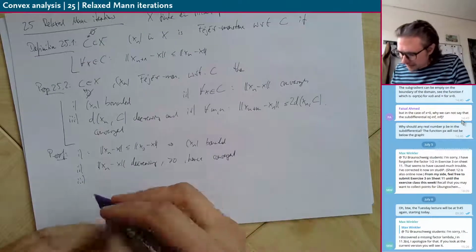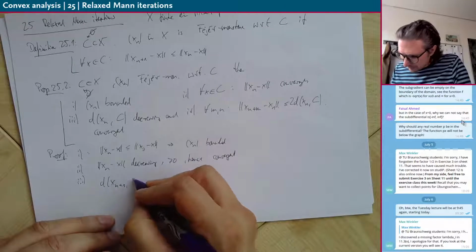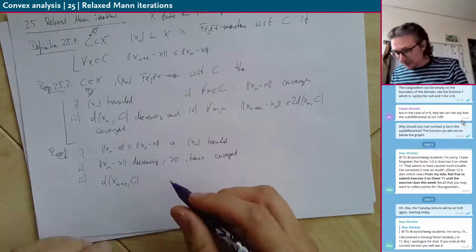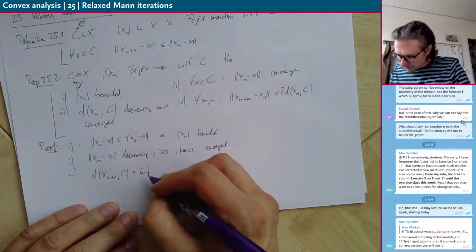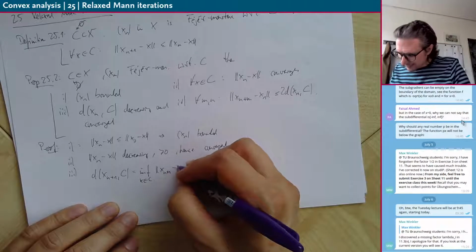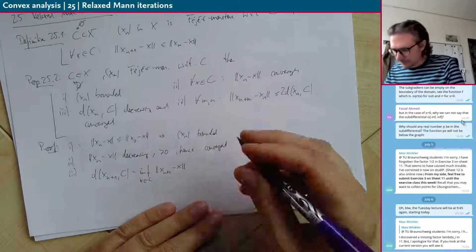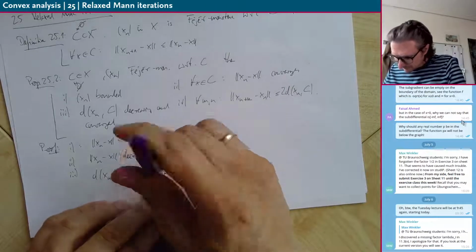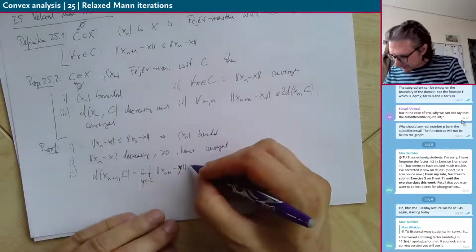For 3, let's just write down what this distance means. The distance of the next element in the sequence is the infimum over x in C of the norms ||x_{n+1} - x||.